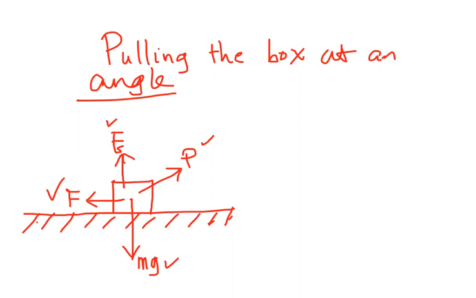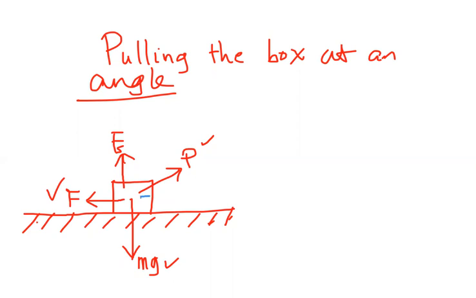To do that, I need to break down the force P into X and Y components. First of all, the X component of P will go this direction. Let me use a different color. Maybe let's take blue.